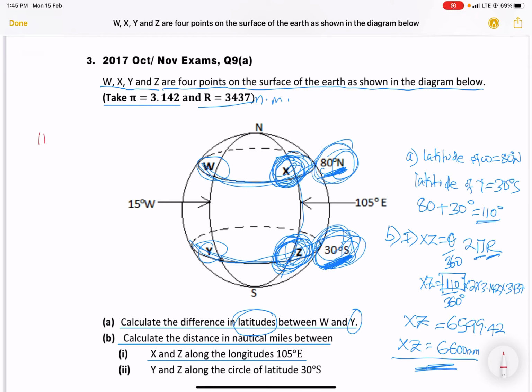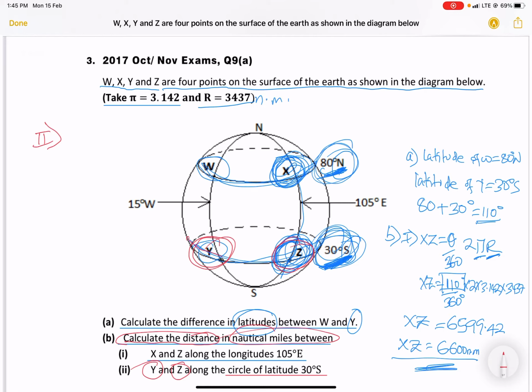So number two, we are calculating the distance in nautical miles between Y and Z along the circle of latitude 30 degrees south.